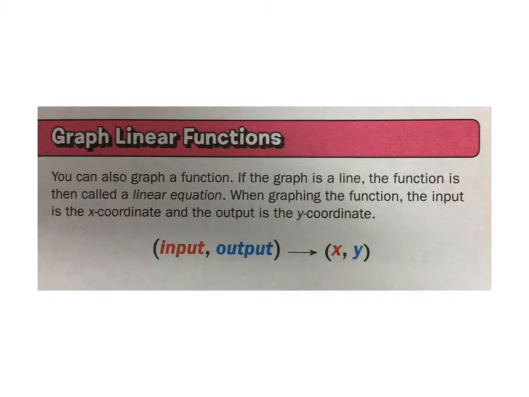When graphing the function, the input is the x-coordinate and the output is the y-coordinate. So it always goes x, y. X is down here, and y is there. So let's practice some of these.